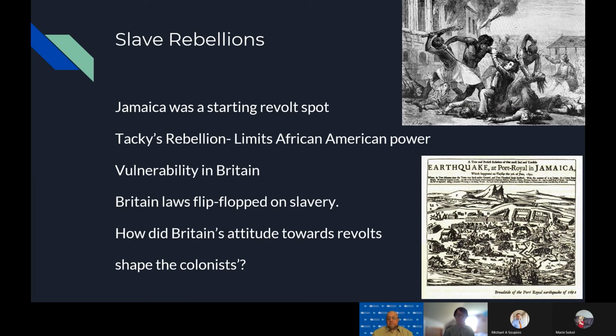It starts off in Jamaica with Tacky's Rebellion, which is sometimes called Tacky's War. These Africans were treated poorly. Jamaica was one of the worst spots for slaves.